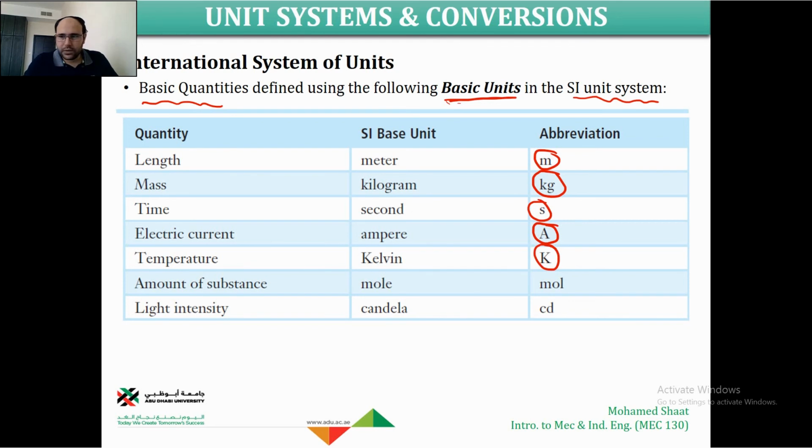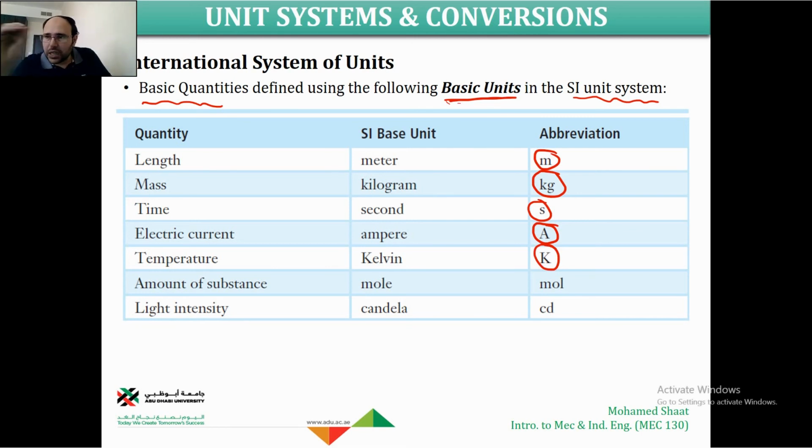This is the standard. But for example, if I ask you about the temperature of the environment, you're going to give it to me in terms of Celsius, not in terms of Kelvin. You're going to say it is around 40 degrees Celsius, for example. In the United States, they use Fahrenheit as a unit for the temperature.